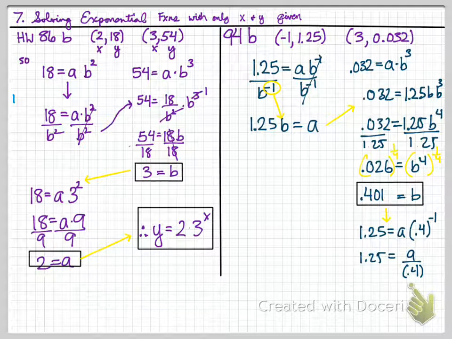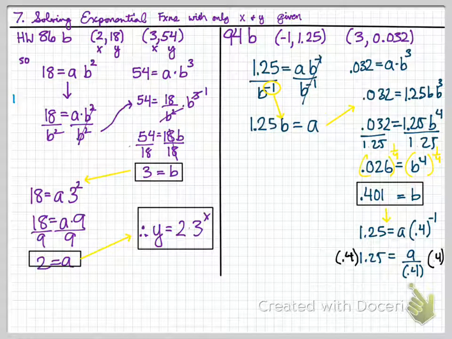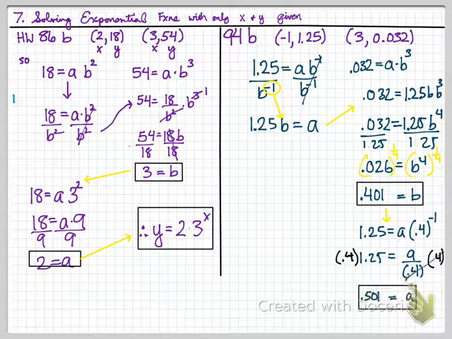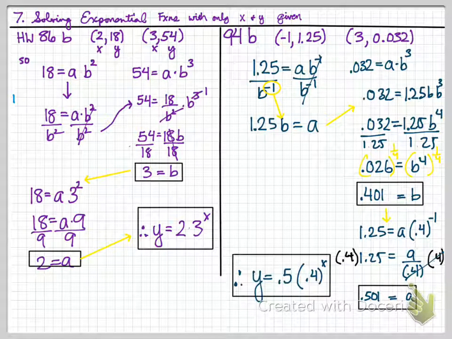As you can see that -1 still, we move the 0.4 to the denominator and then multiply by 0.4 to the other side, so we get A by itself. And in this case, A is equal to 0.501. And we combine it all together to get the function Y equals 0.5 times 0.4 to the X power.